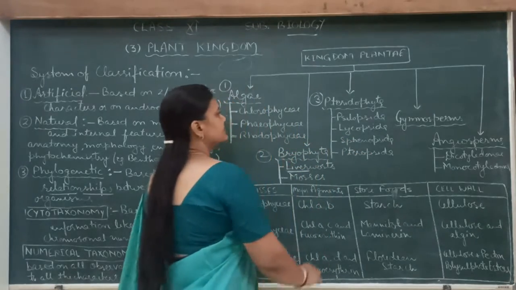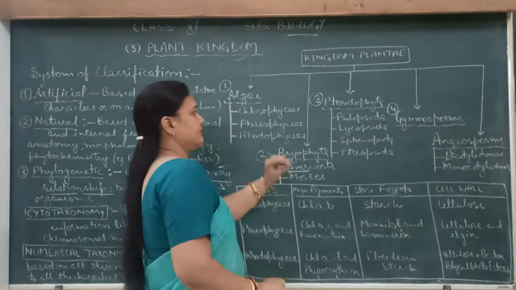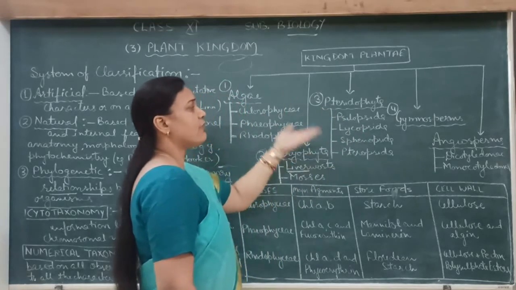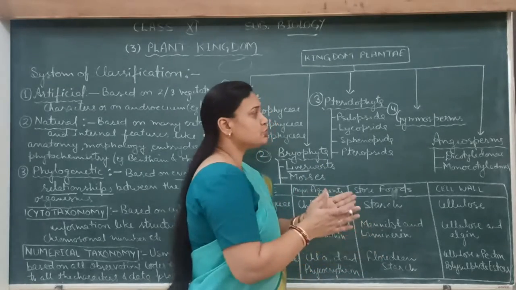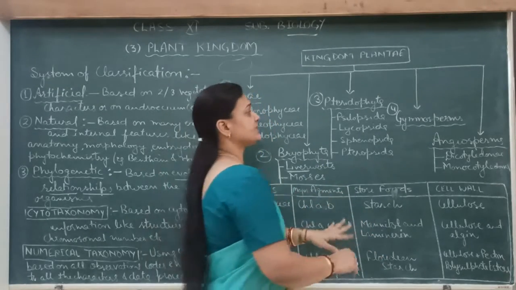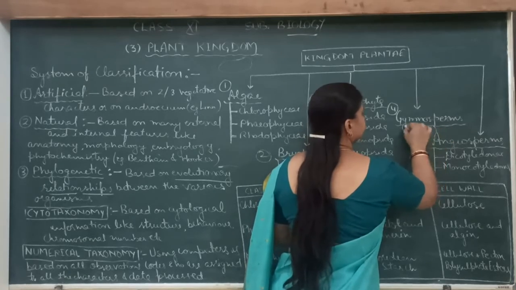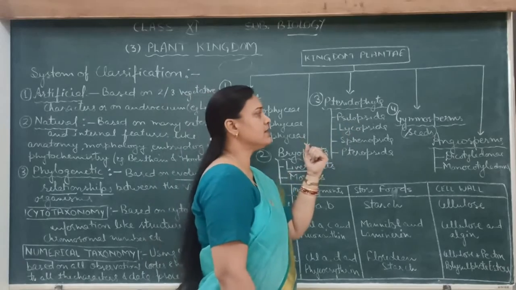The next category is gymnosperm. Gymnosperms are advanced from the pteridophytes. They are generally in the form of tall trees, and their body is differentiated into root, stem and leaves, with seeds. These are seeded plants. Seeds appear for the first time in the gymnosperm.